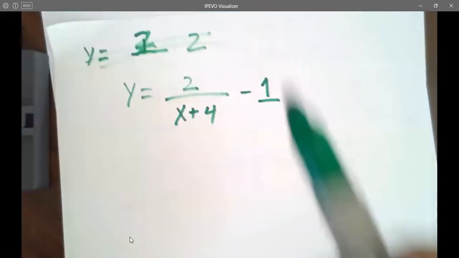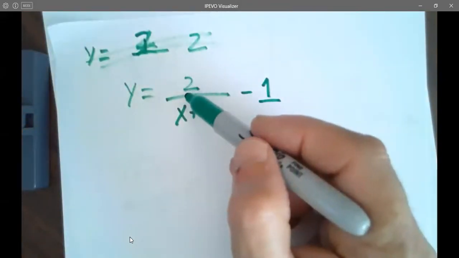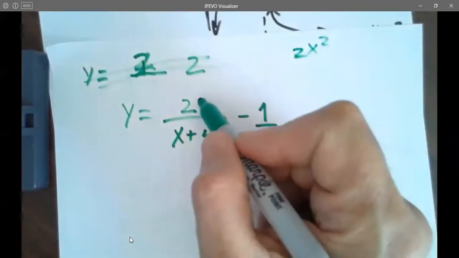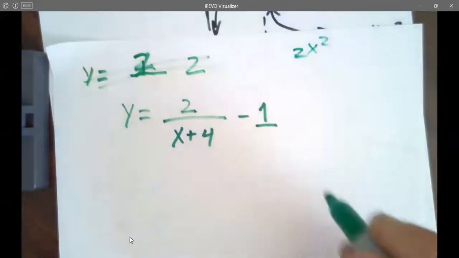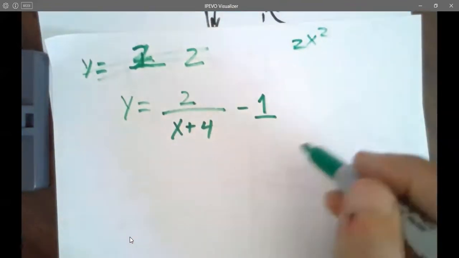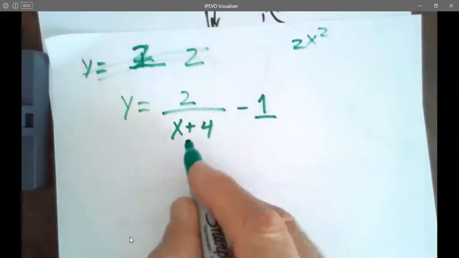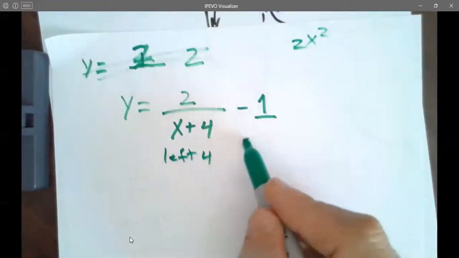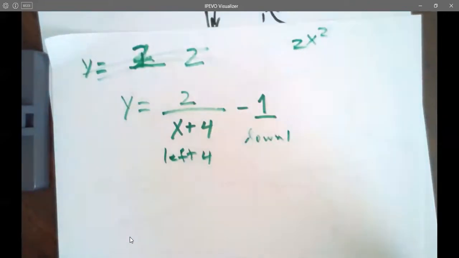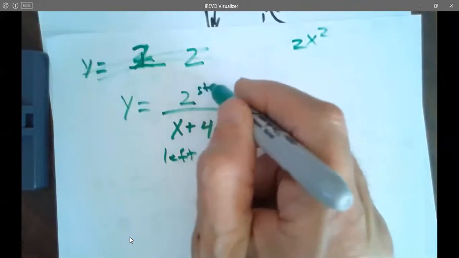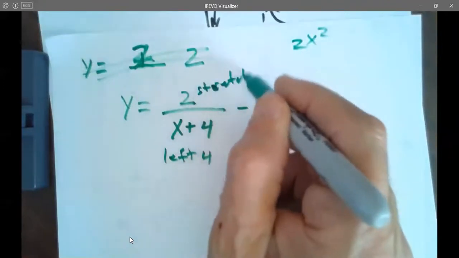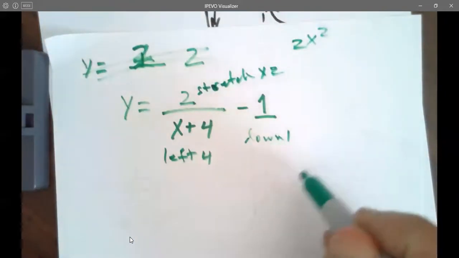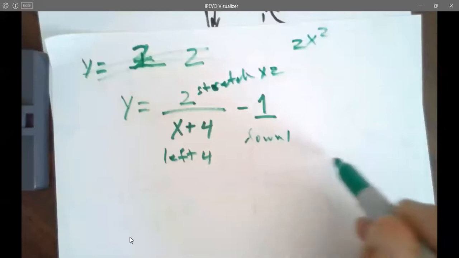Well, the 2 makes it do a vertical stretching, like as if you had 2x squared and made it stretch. So that 2 really doesn't affect anything as far as what we're looking at. This will make it shift left 4 and down 1. And this will stretch by a factor of 2. But really, it's not going to matter that much. Okay, so left 4, down 1.